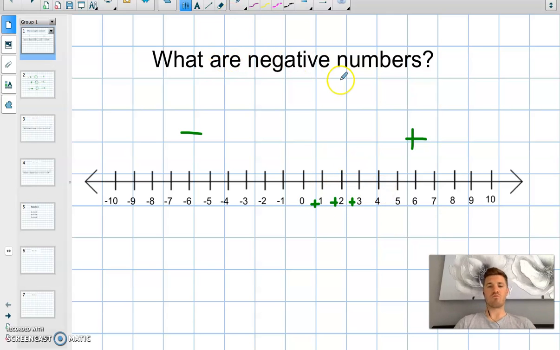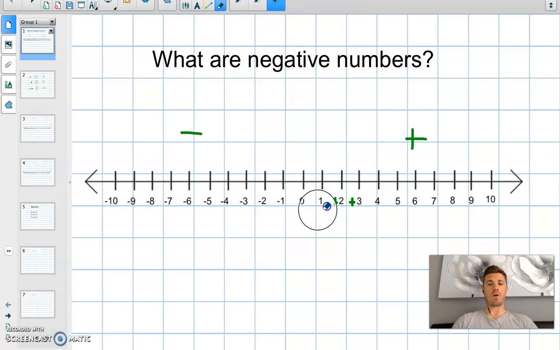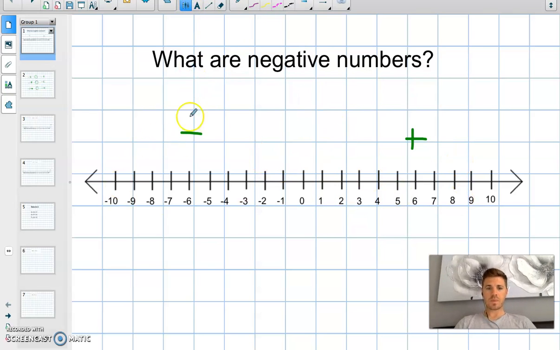But we rarely see that when we're tackling number problems. So anything to the left, below the 0, is minus, and anything above the 0, so to the right of it, is positive.